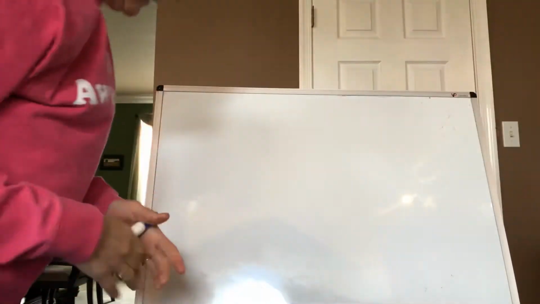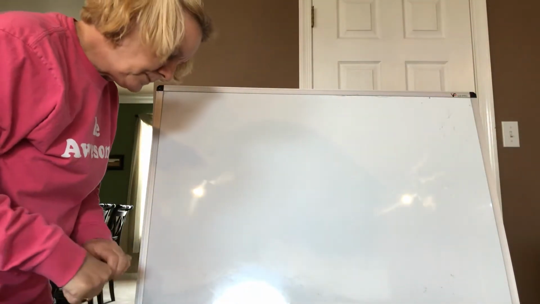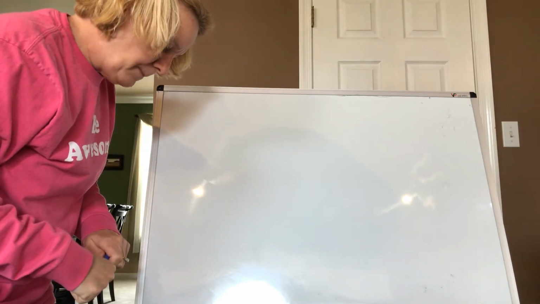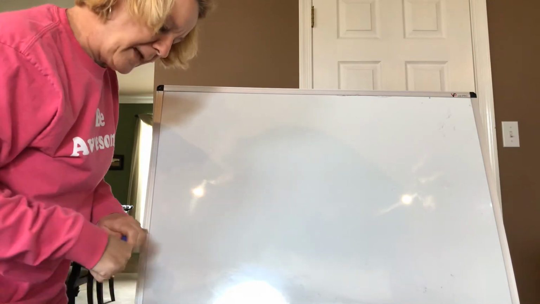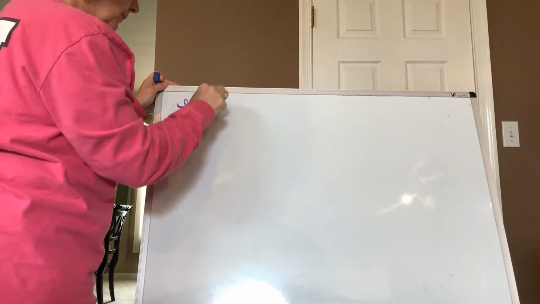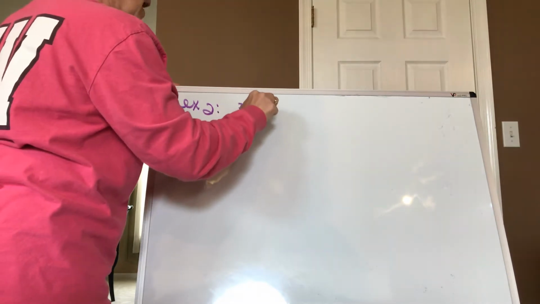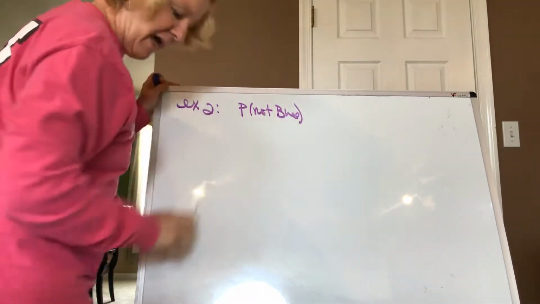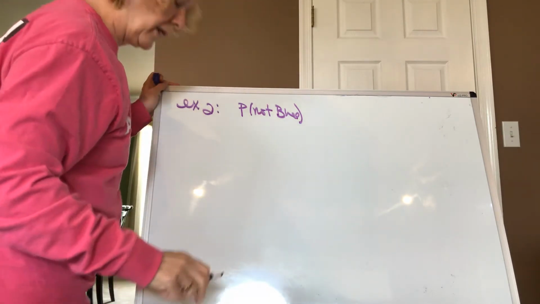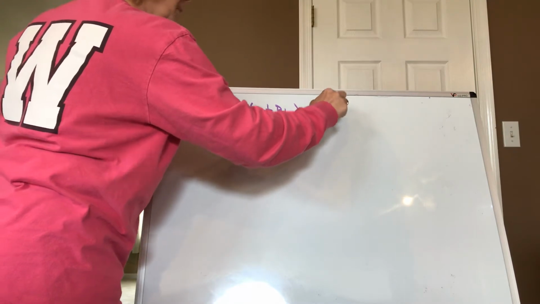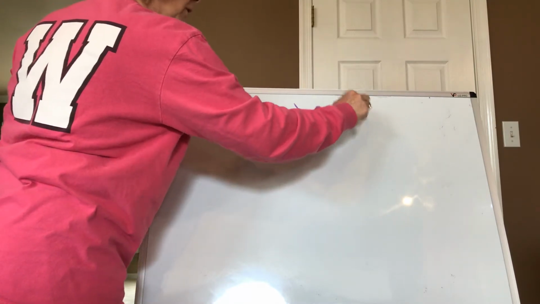All right, let's go back to the notes. It says, what is the probability on that spinner of not getting blue and then rolling a 3 or a 4 on the dice? This is example 2. Probability of not getting blue, times the probability of a 3 or a 4.